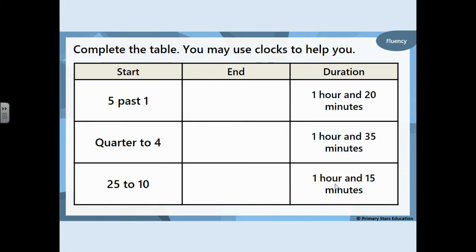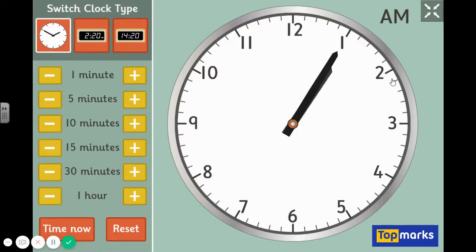So the first one is 5 past 1. And the duration is 1 hour and 20 minutes. Right, so I've got here, the time is 5 past 1. The duration is 1 hour 20 minutes.